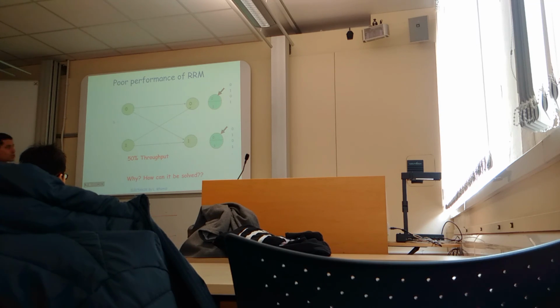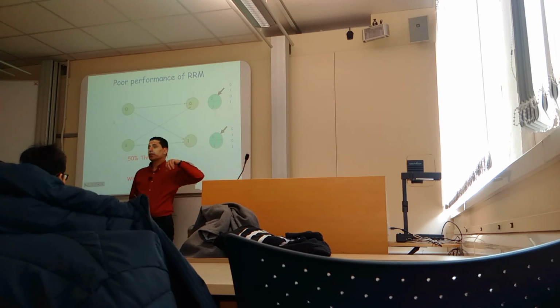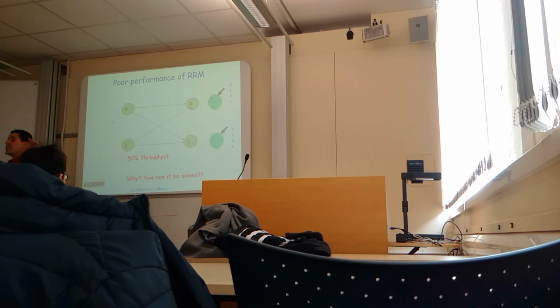The way this works, it's a round robin, so it goes here, then there. If it so happens that both of them, without talking to each other, point to the same input at the same time, what happens? We have continuous traffic.